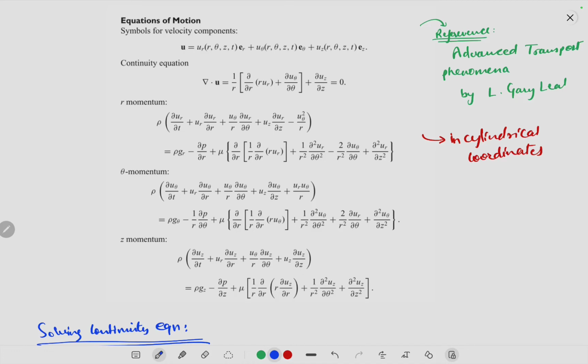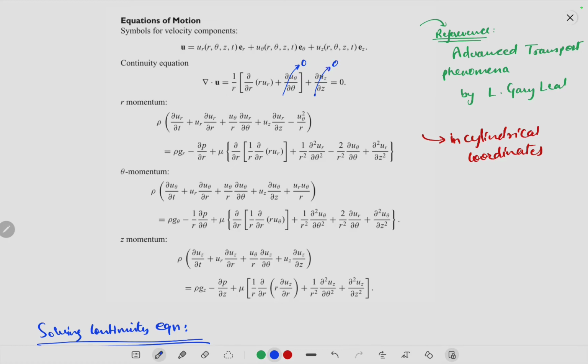Now I just argued that u theta will be 0. And since it is a fully developed flow, along the flow, since the flow was along z axis, there will be no variation in that direction. So del by del z of the velocity will be 0, so that's why this is 0.